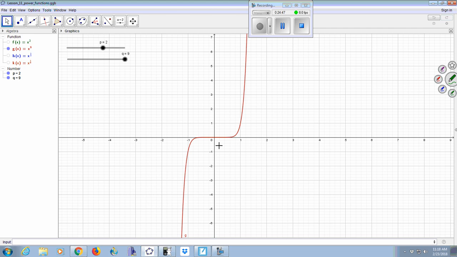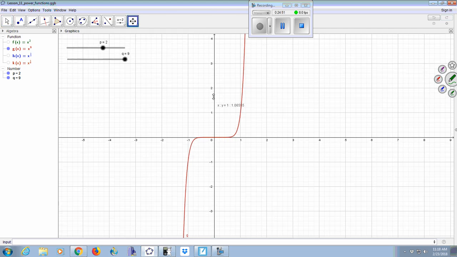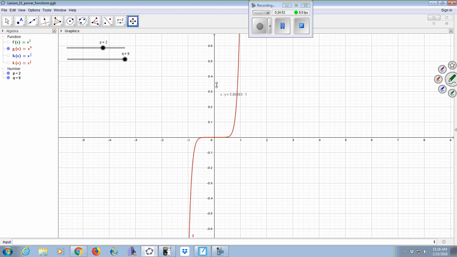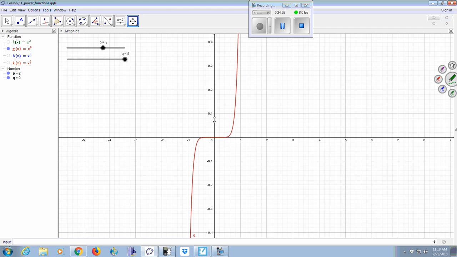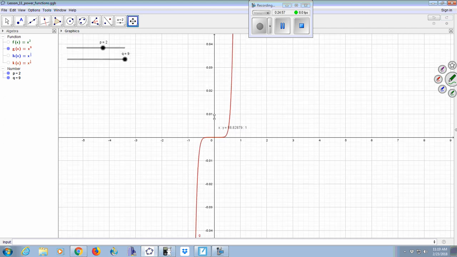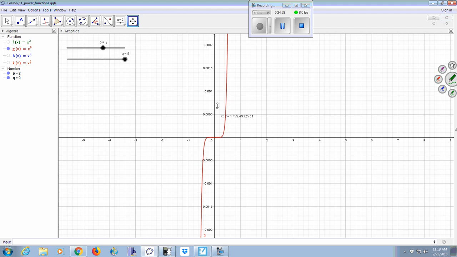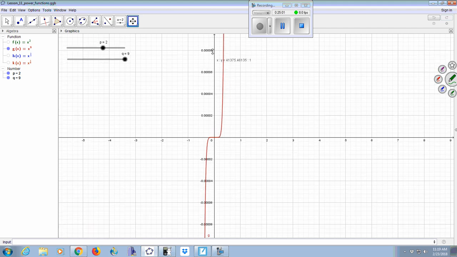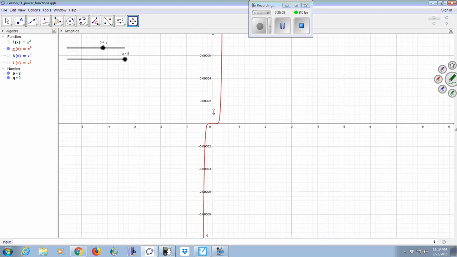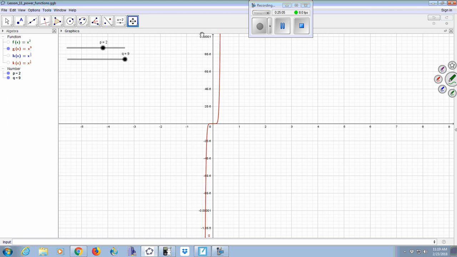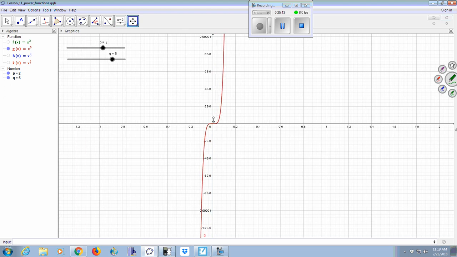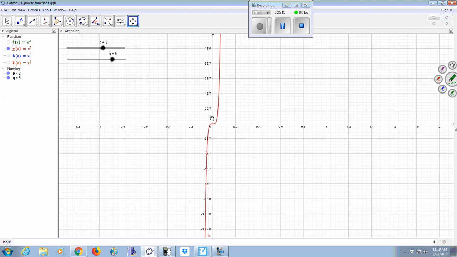Even though it looks like a horizontal line, we know it isn't. It's ever increasing minutely, and you can see that beautifully in GeoGebra by making the increments of y smaller and smaller. I should come down so it's not ninth. Then you can come this way, and you can see that it isn't horizontal. You can keep going.